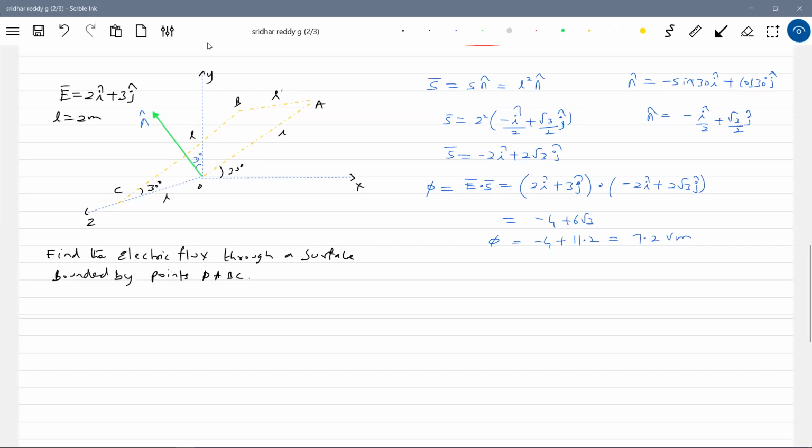Root 3 is 1.73, 6 into 1.73, 10.38 will come. 10.38 minus 4 is 6.38. Okay, this will be the electric flux linking the surface.